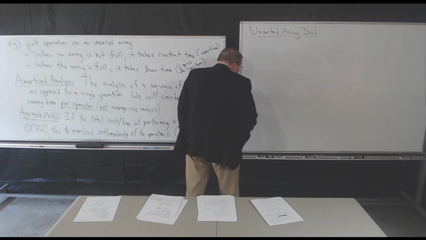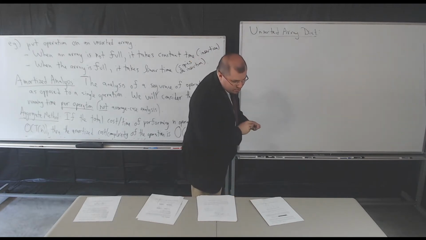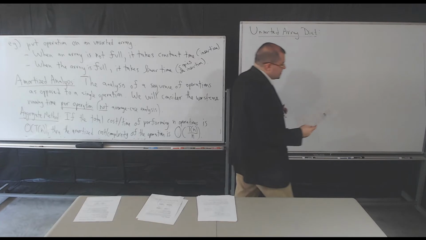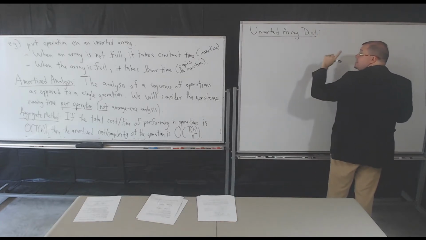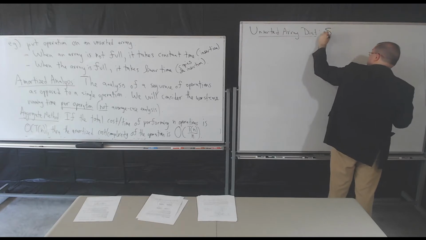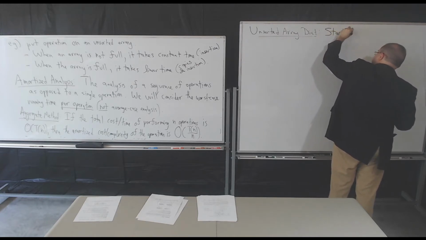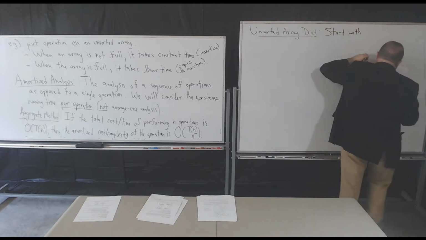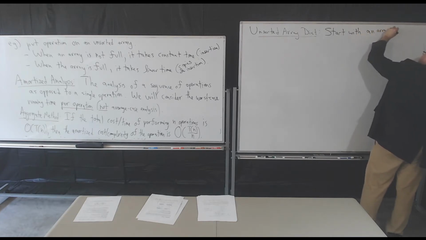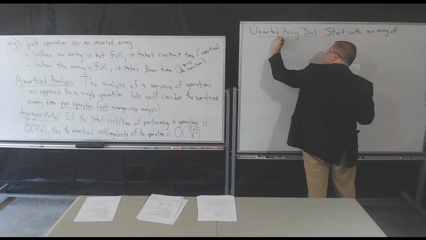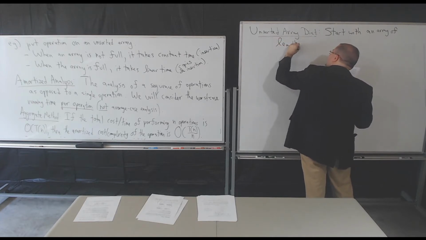So we're going to consider an unsorted array dictionary. I'm going to be more specific because I was saying a lot of things there. This would be the more formal way of doing this.